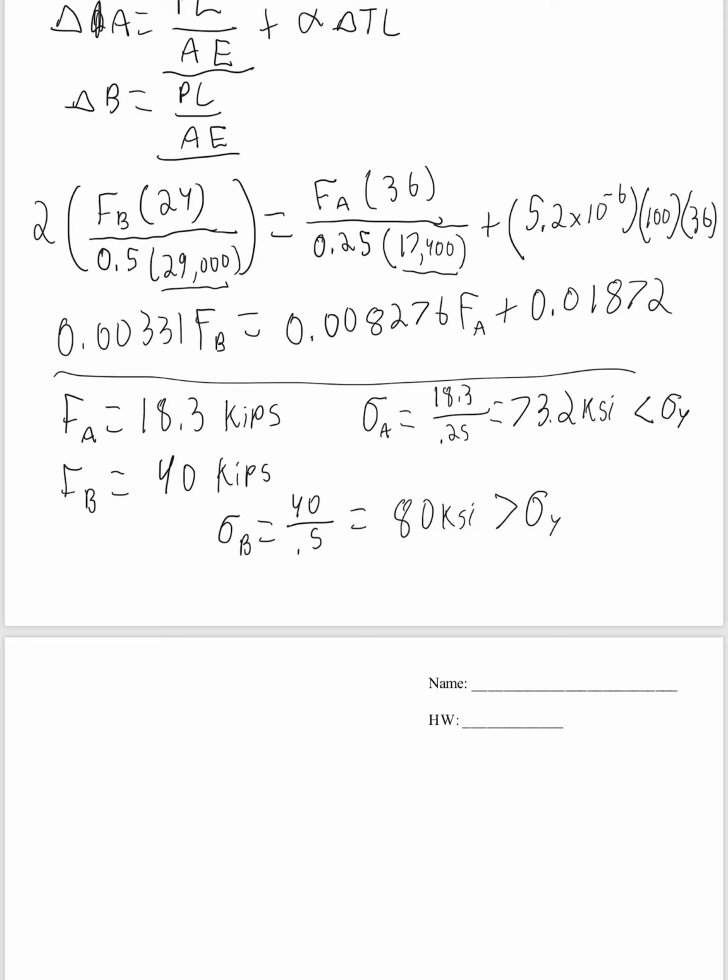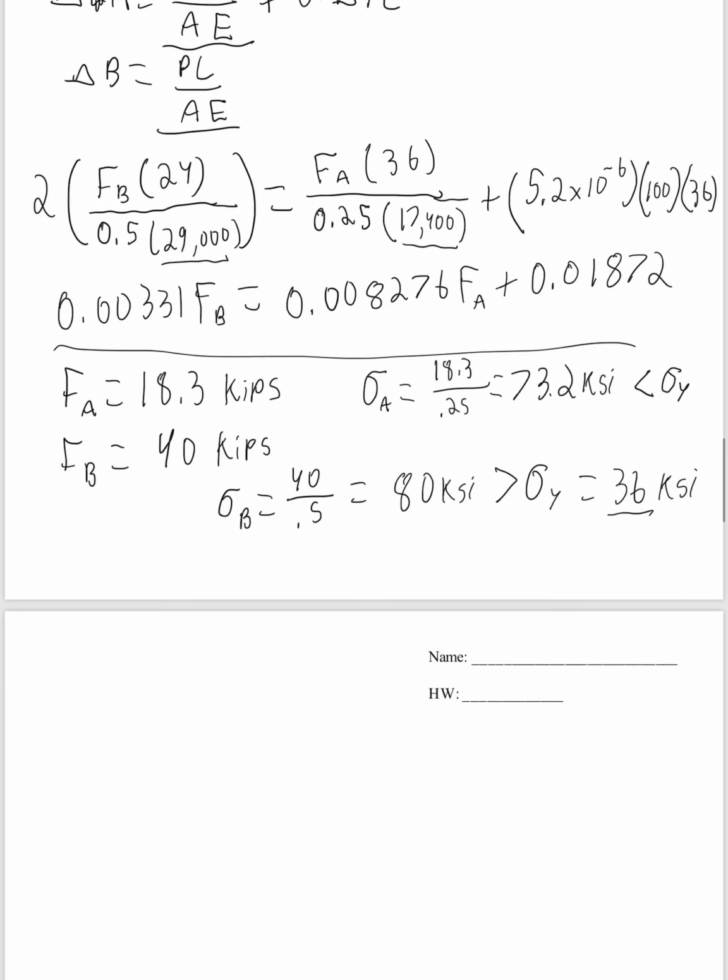So we're going to assume that the most stress it can handle is 36. How much force can that handle? Force over that same area of 0.5 equals 36. So the most force that B could handle would be 18 kips.